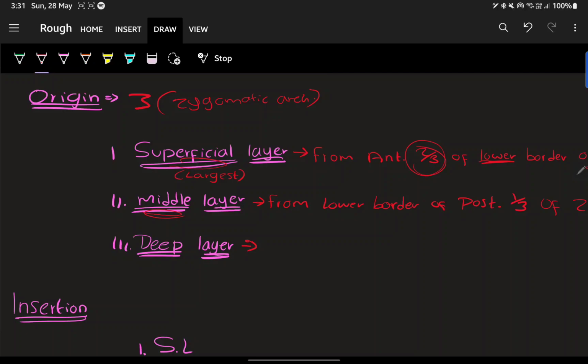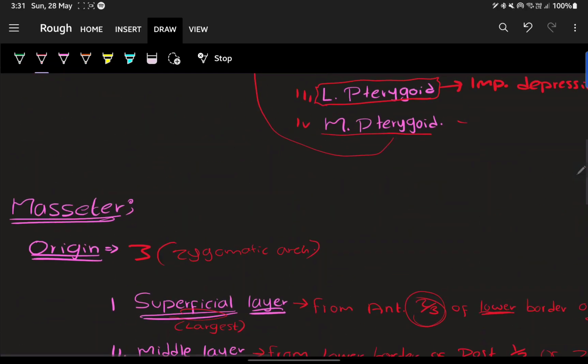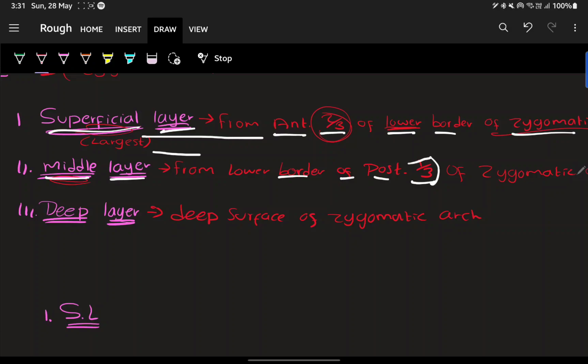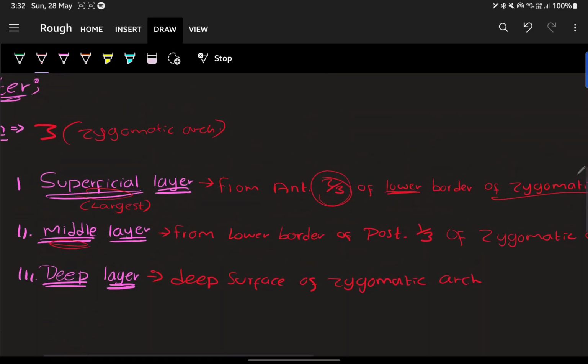So that's about the origin of masseter muscle. Let's just go through it once more. The superficial layer takes origin from the anterior 2/3 of the lower border of zygomatic arch. Middle layer takes origin from the lower border of the posterior 1/3. Remember this 1/3, 2/3, this is very important. And the deep layer takes origin from the deep surface of zygomatic arch.